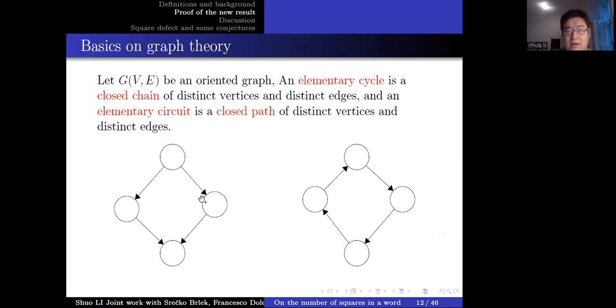Both of them are elementary cycles because they are closed chains, but just the second one is a sequence, and not the first one, because the second one is a closed path, whereas for the first one there are actually two paths, but none of them is closed. So that's the difference between a cycle and a sequence. A sequence is definitely a cycle, whereas a cycle may not be a sequence.